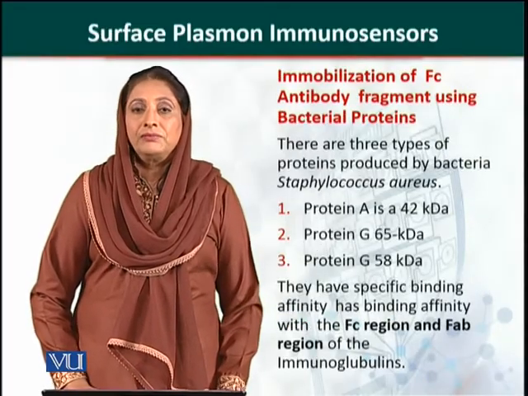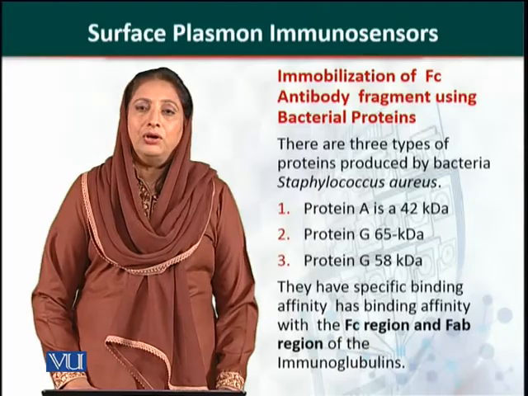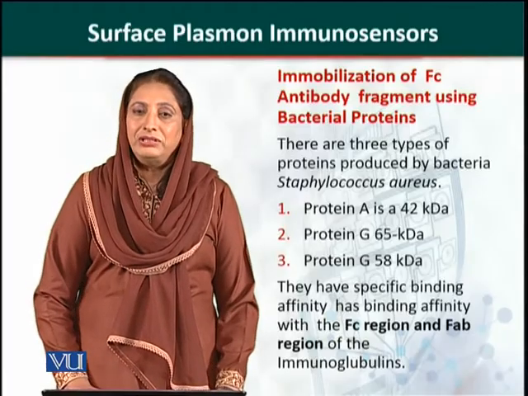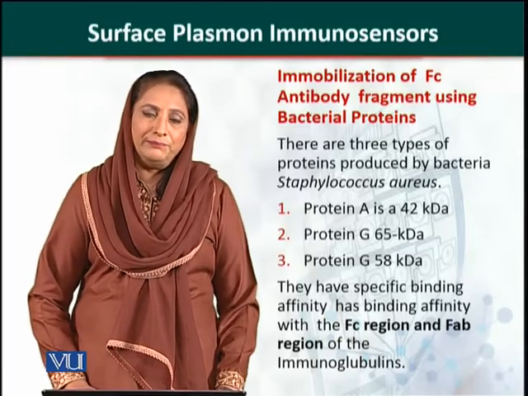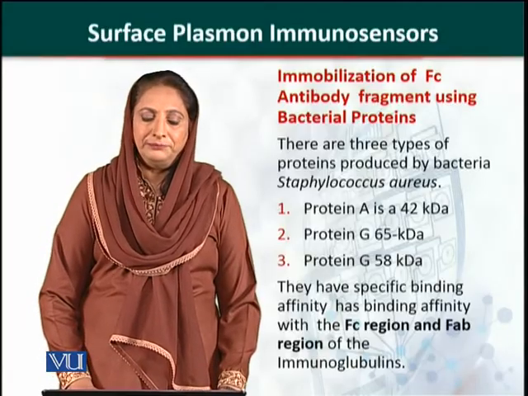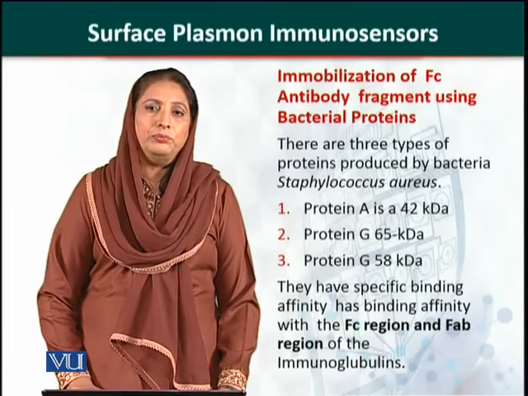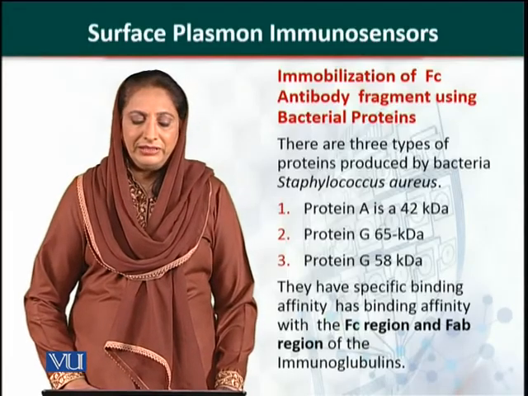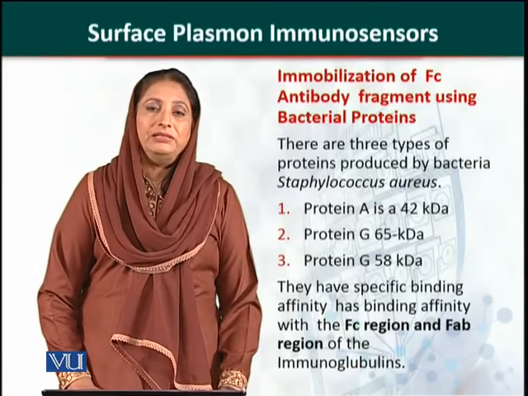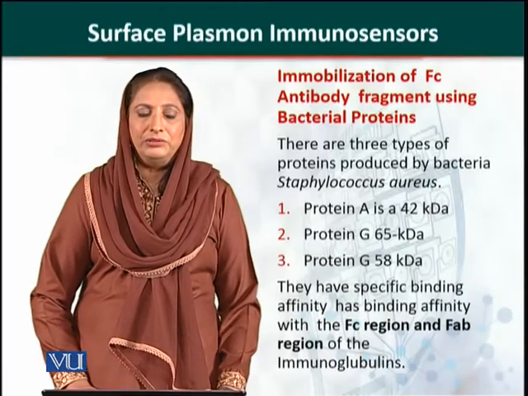Now, the immobilization of the biological recognition element is very important for a biosensor. Different types of techniques are employed for the immobilization of the biological recognition element. One of them is the use of bacterial proteins.